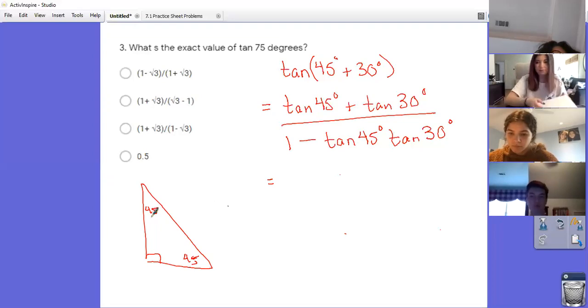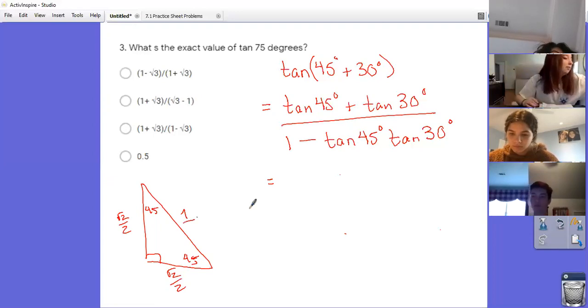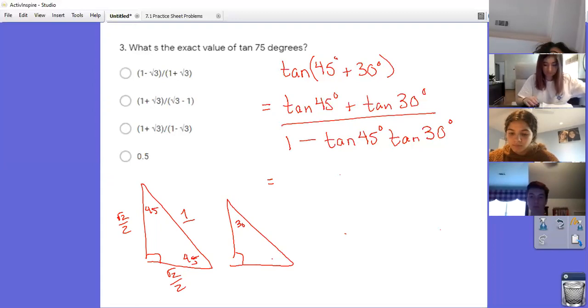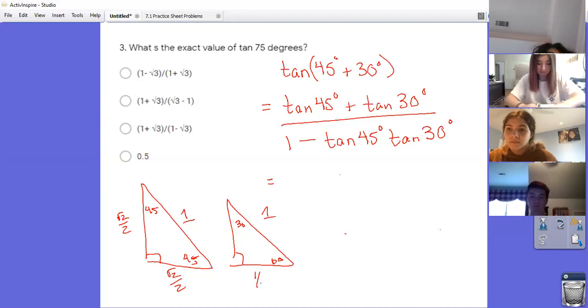Let me work it out, and then we'll see. I did all my work on here, and then I checked it with the calculator. And it still said it was wrong. I think it was saying that the second one was the right answer, but I got the third one as well. Let's work it out first, and then if it is, I can just go add points on. But I think it was right.